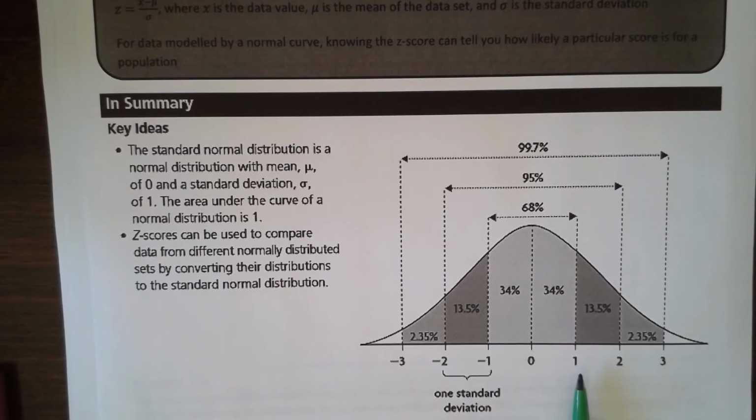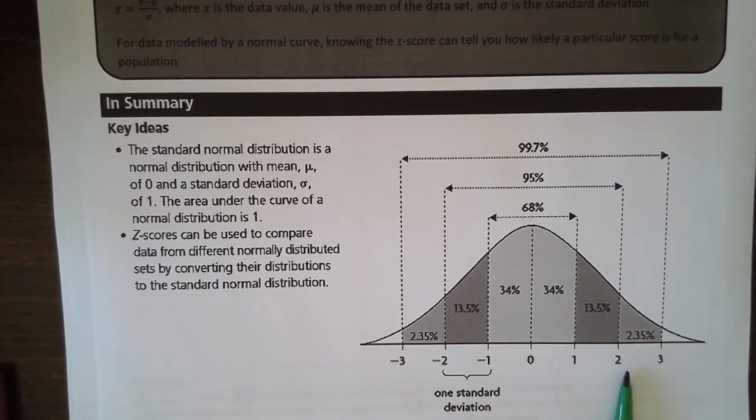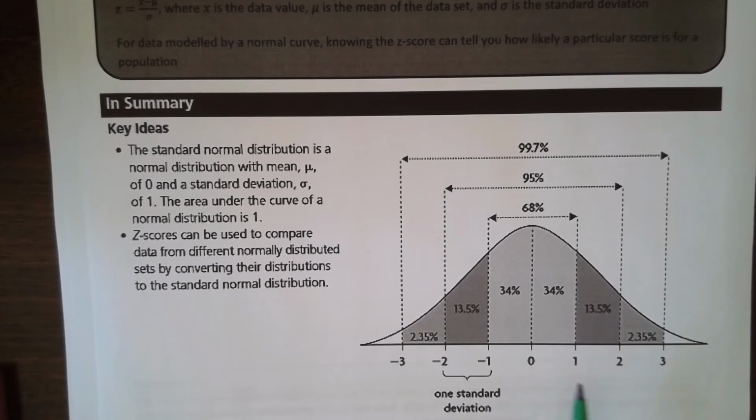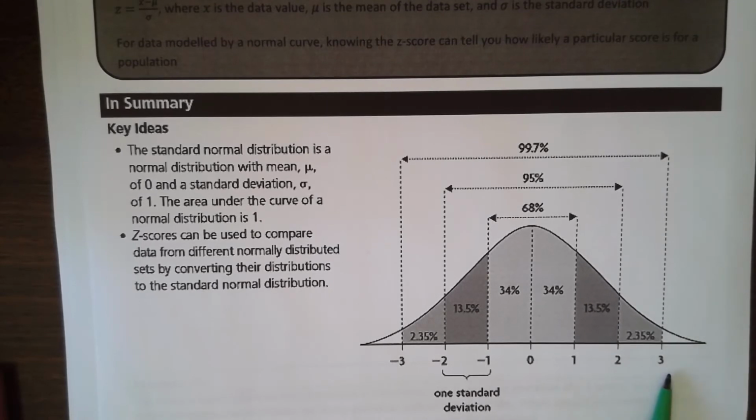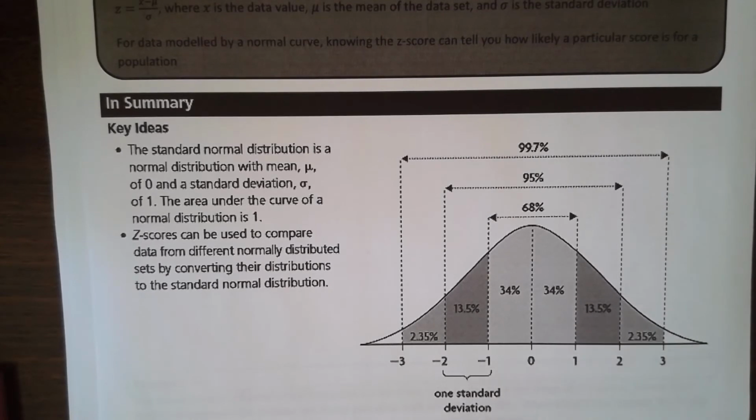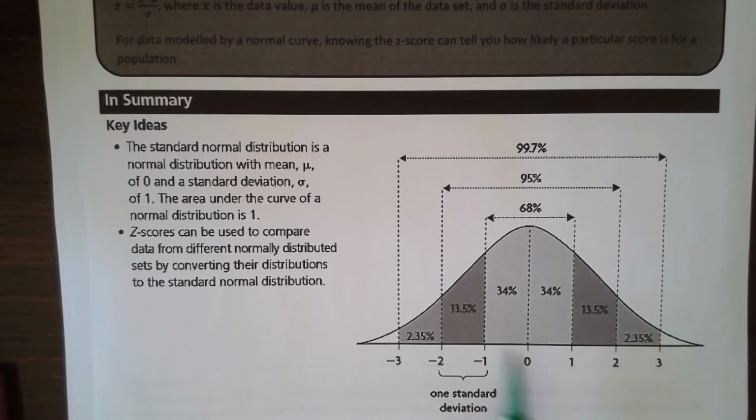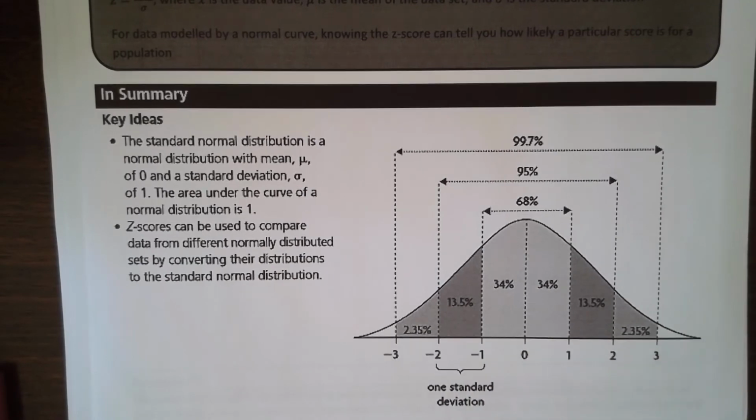And instead of 1 sigma, 2 sigma, 3 sigma, it's just 1, 2, and 3, right? And we want to fit our data point in between, more numbers, between 0 and -1, and between 0 and 1, and between 1 and 2. So that's what these z-scores do.